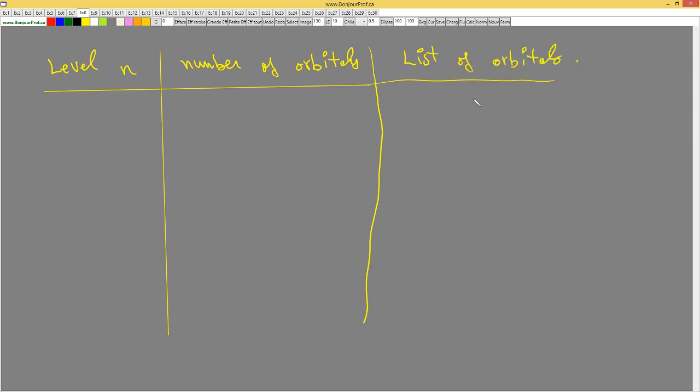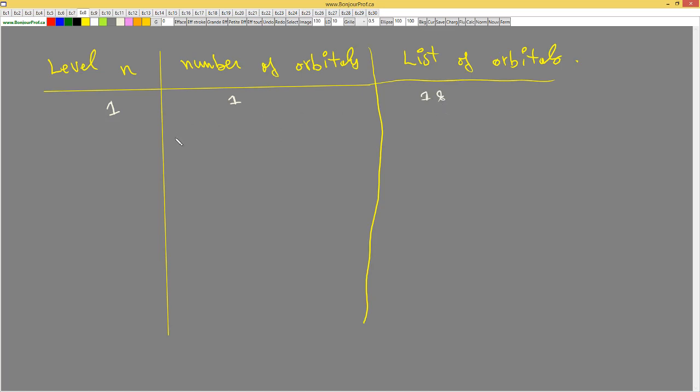For example, on level 1, what does it mean? It is the lowest energy. How many orbitals do I have? Only one. What kind of orbital? 1s. I have a room, because we said s is a room.